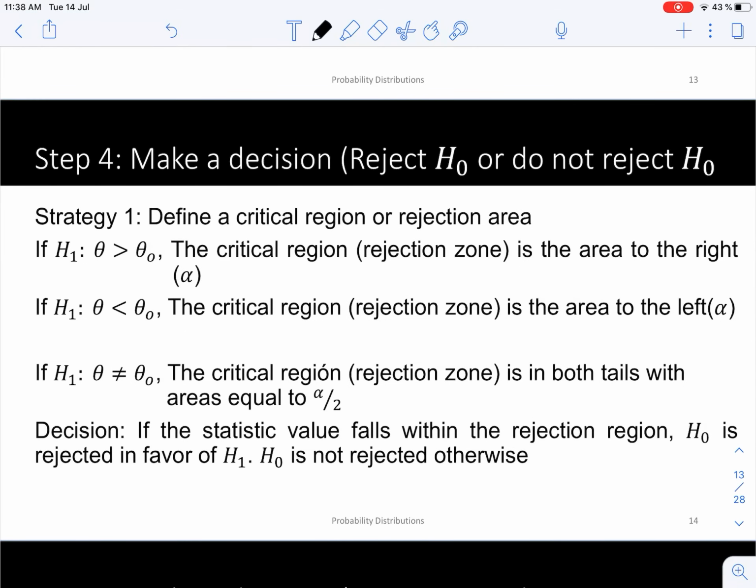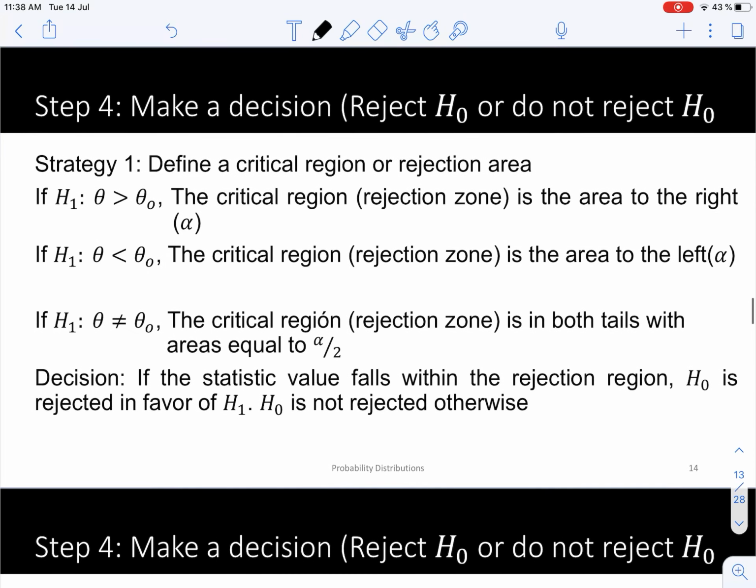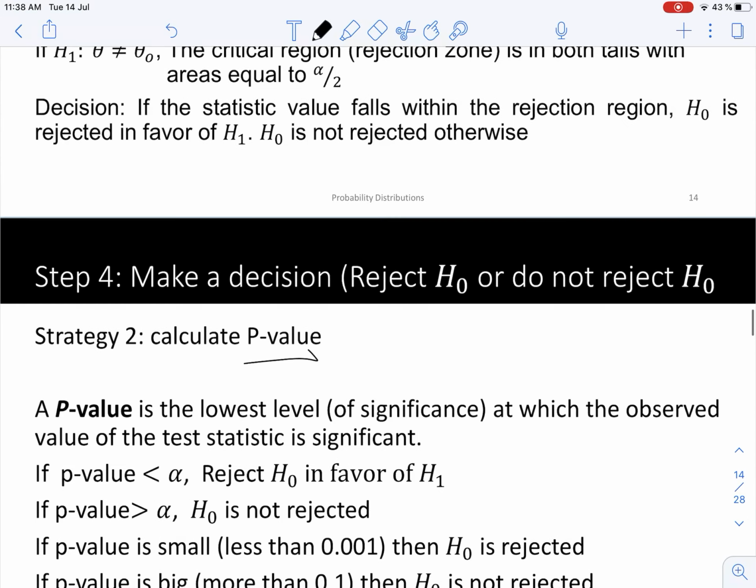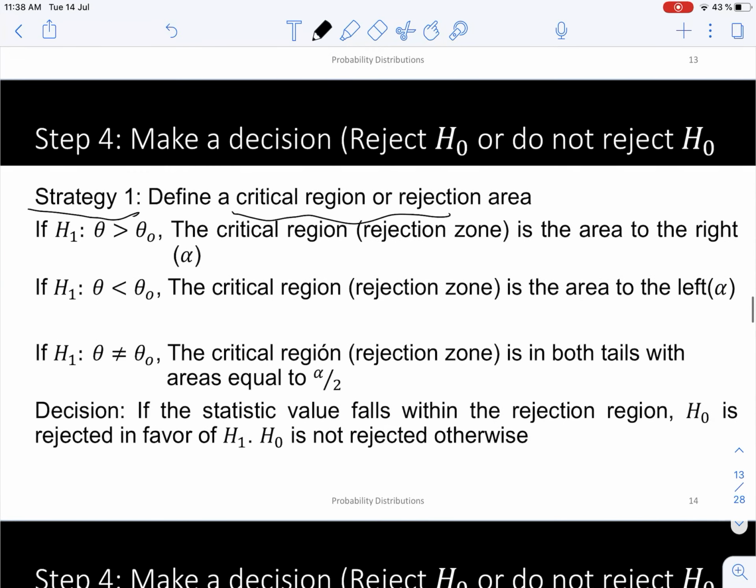Step 4 is where we make a decision. In step 4, we check if we are in the rejection region or not. So there are two approaches. Strategy 1: we need to define the critical region in this case, and there is a strategy 2, which is the p-value. Now, what is first? We need to define what is the critical region or rejection area.